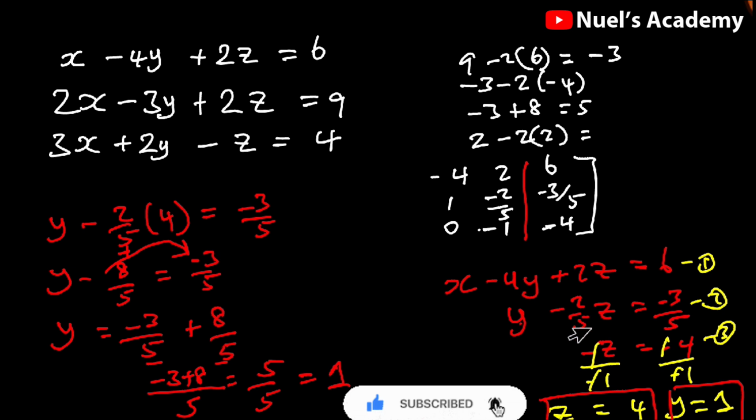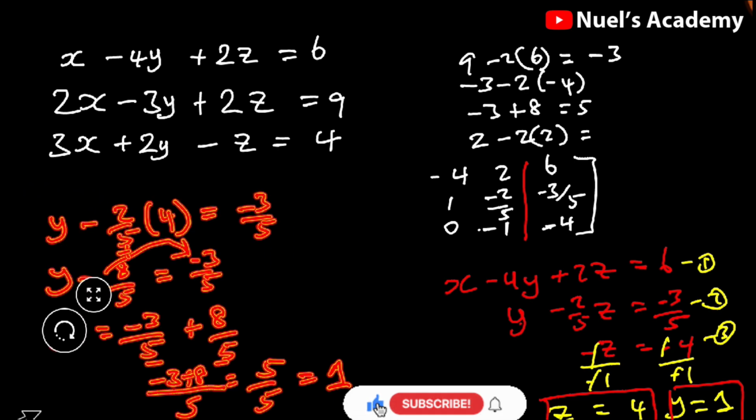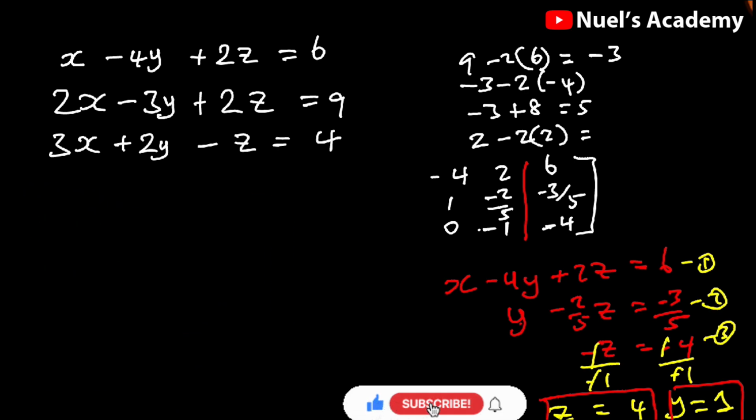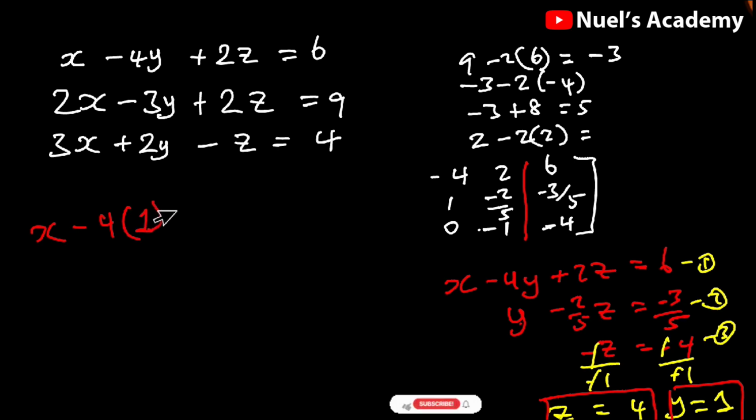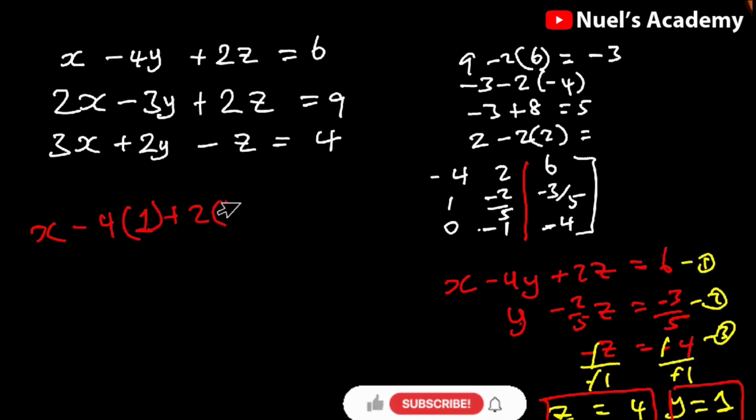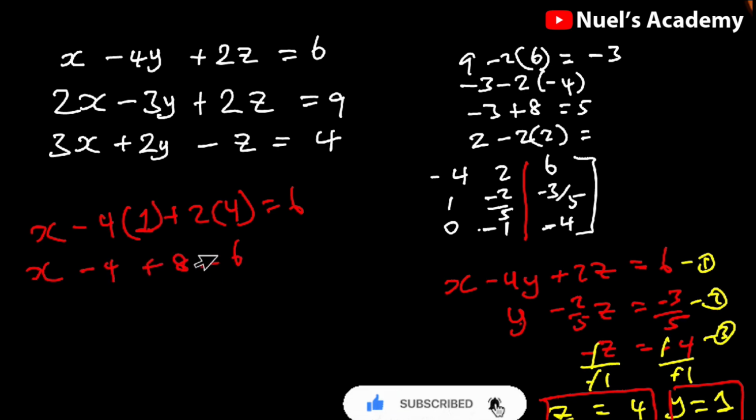So let's plug in the value of z and y into this equation 1 and then find the value of x. X minus 4 times y, which is 1, plus 2 times z, which is 4, equals to 6. So x minus 4 times 1 is minus 4, plus 2 times 4 is 8, is equals to 6.